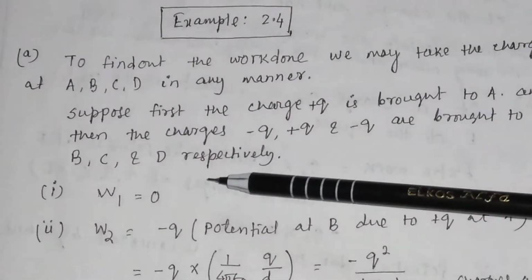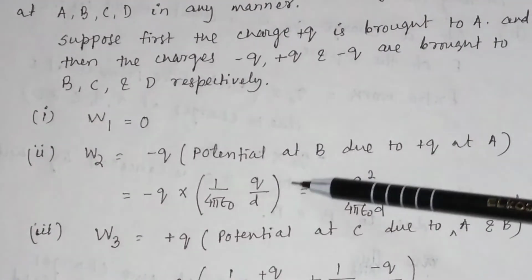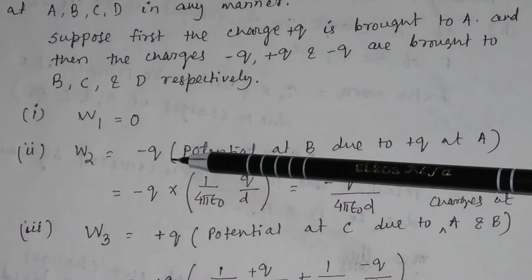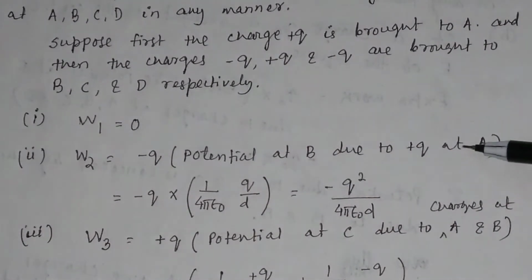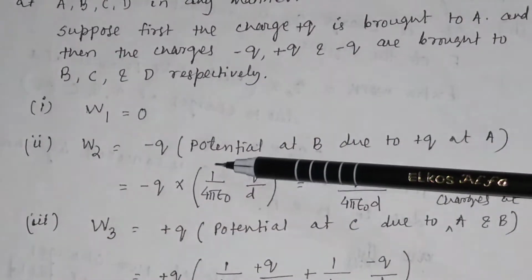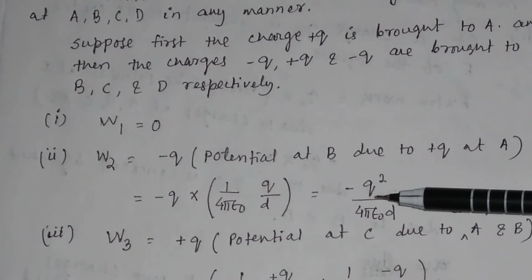When you bring the charge minus Q from infinity to the point B, the work done will be equal to minus Q into the potential at B due to the charge plus Q at A. So this is minus Q into the potential at B. So this will be the work done.